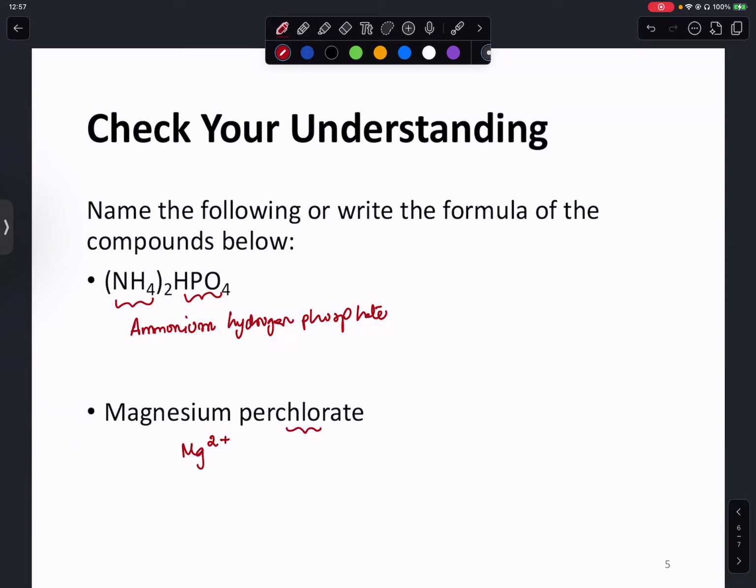Chlor means that it has chlorine, and ate to show that it has 4 oxygens. So it becomes ClO4 minus. And then we will use the crisscross method, so it becomes Mg(ClO4)2. And this means that for every magnesium 2+, you have 2 perchlorate ions.